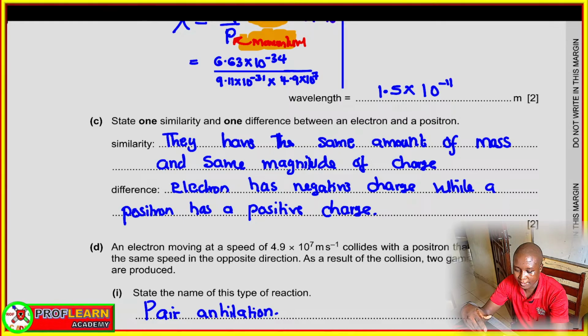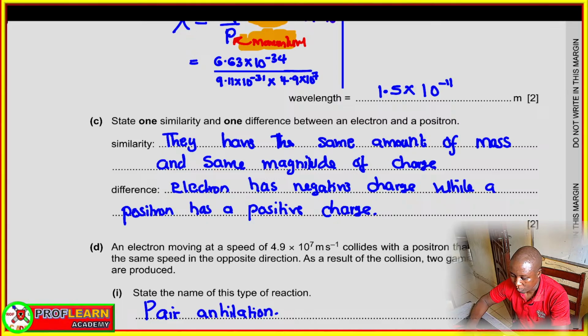The similarity is that they have the same mass and the same magnitude of charge, but what is different is that they have different signs.